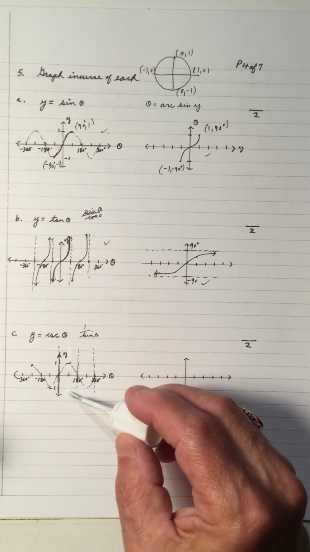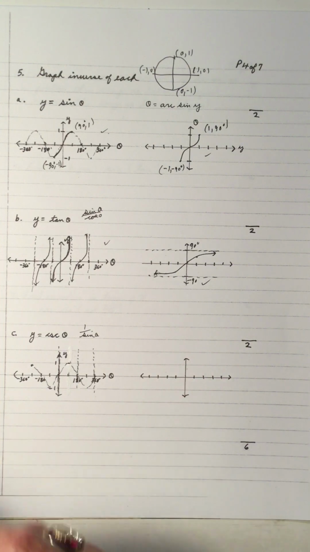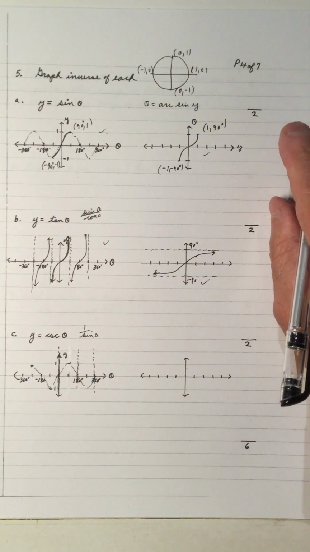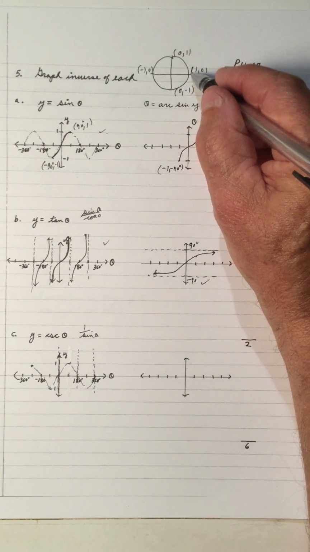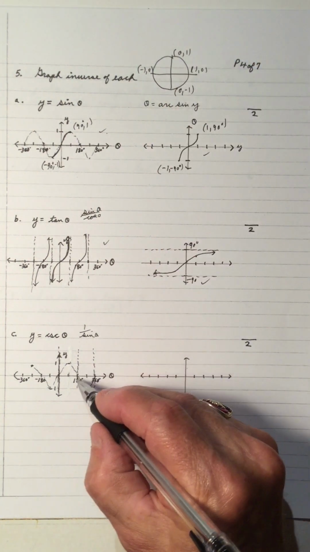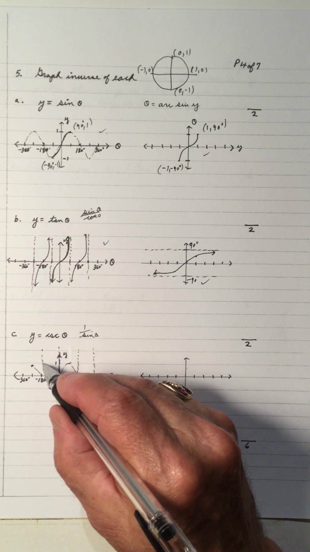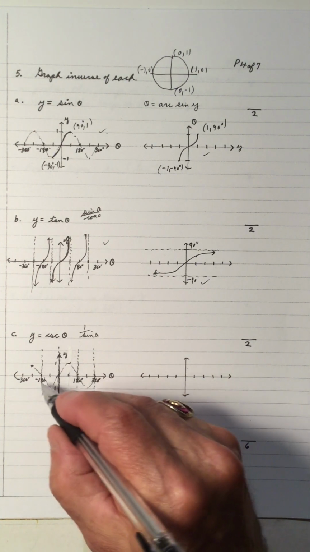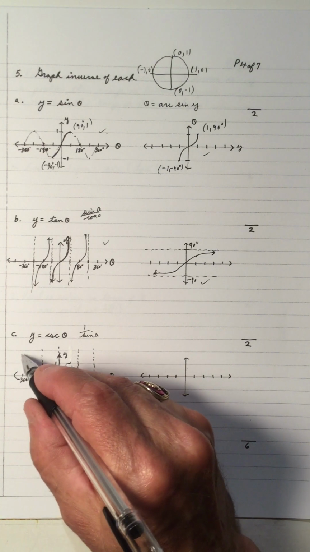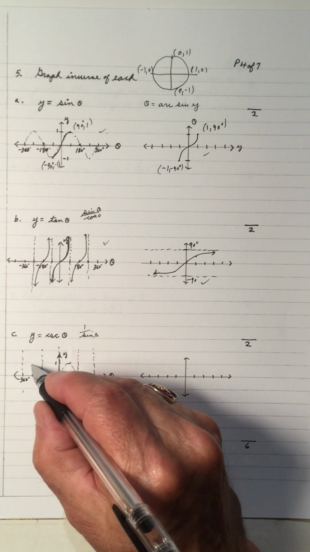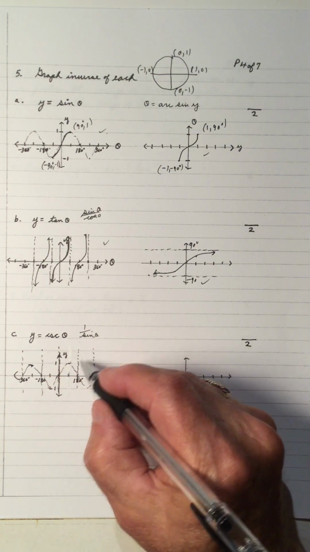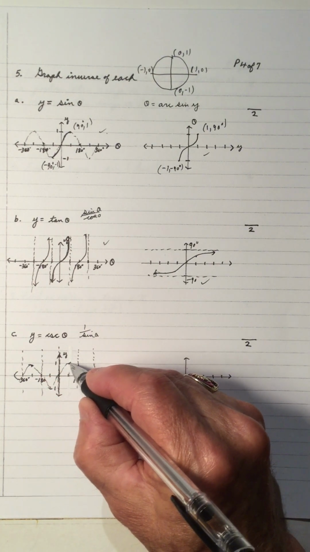Just pretend I didn't make that error, because sine is 0 at 0 degrees and 180 degrees. So there's the undefineds at 0, 180, 360, negative 180, negative 360. So now it's 0 here.